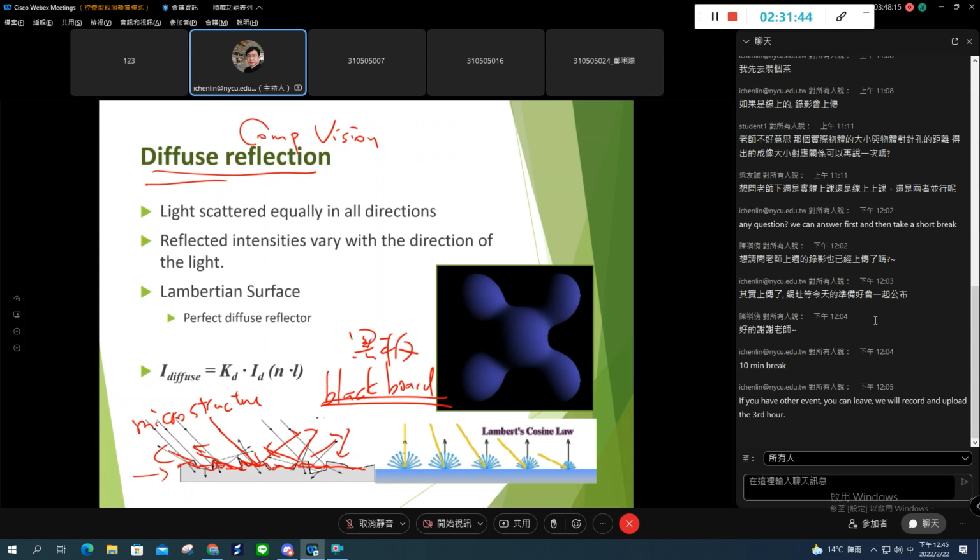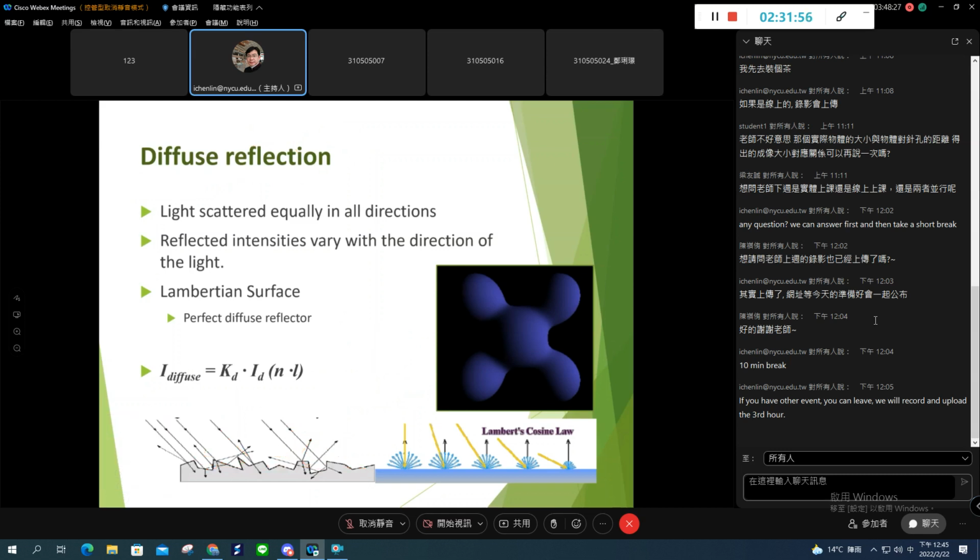But why do we say this is the most important reflection part for computer vision? Because, let me erase the stroke, the most important thing is that there is a property called Lambertian, the cosine law.